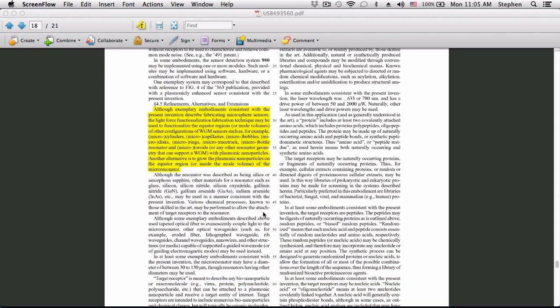The next point is that it talks about the assembly of this thing by light forces, although that's not the only way this can be done. But more importantly, it talks about the kinds of microcavities that can be involved here. Microcylinders, microcapillaries, microbubbles, microdiscs, microrings, micro-racetrack, micro-bottle resonator, micro-toroids, and other resonator geometries that can support a whispering gallery mode with plasmonic particles.